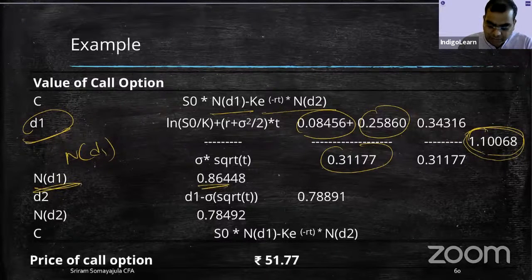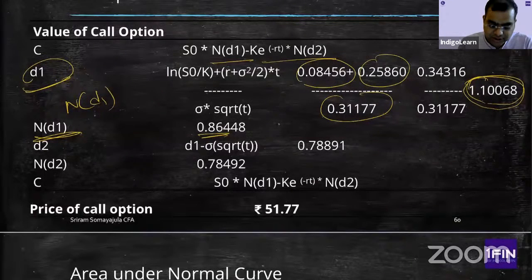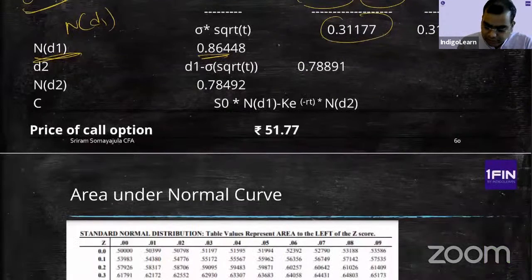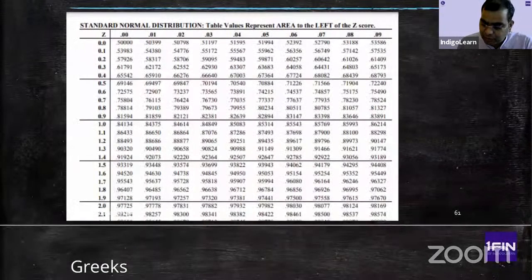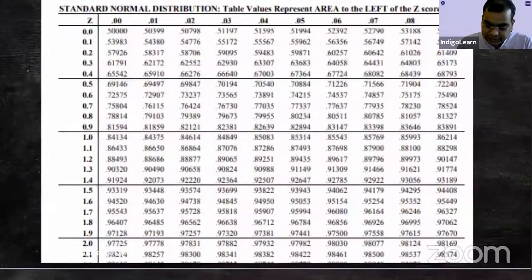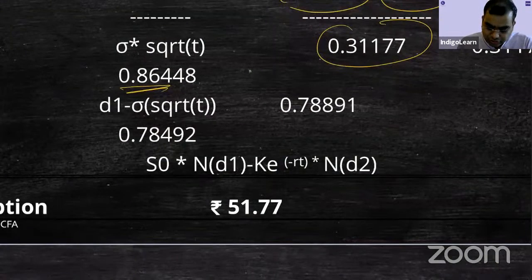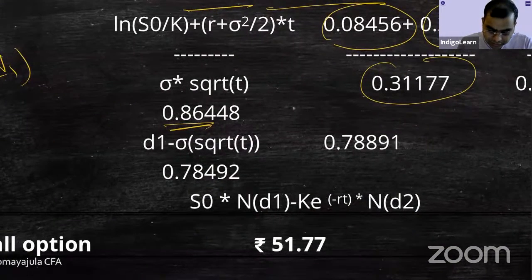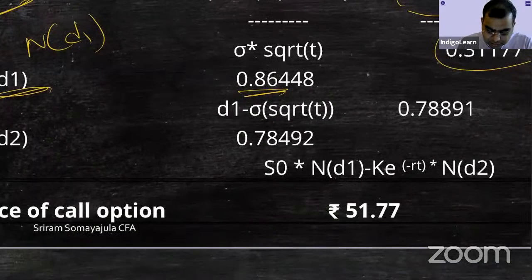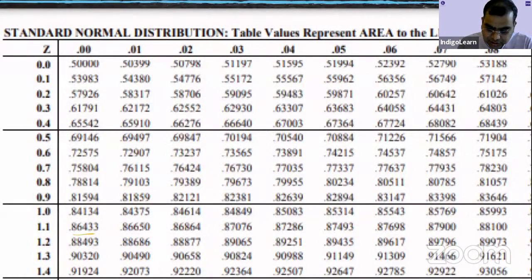If you look at the normal table, I'm sure you're able to see the value 1.10068. Let me change the color. 1.100 and 1.101.